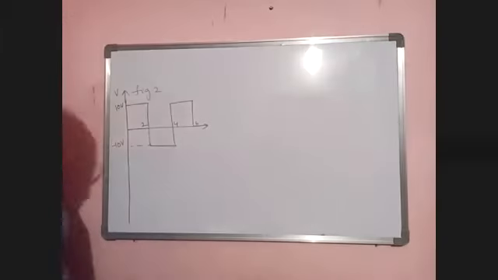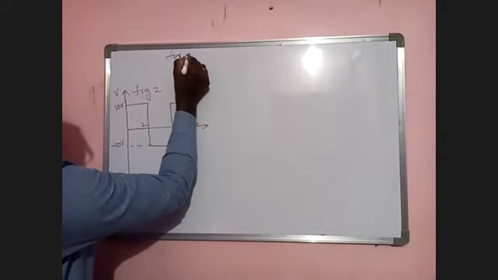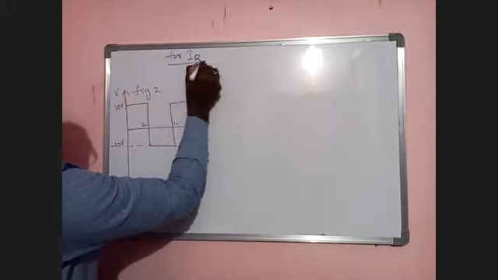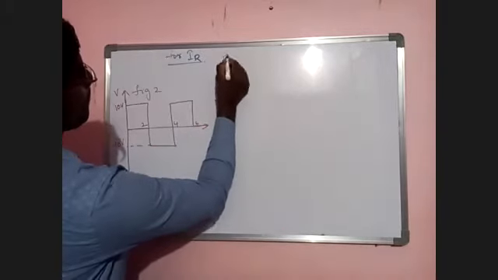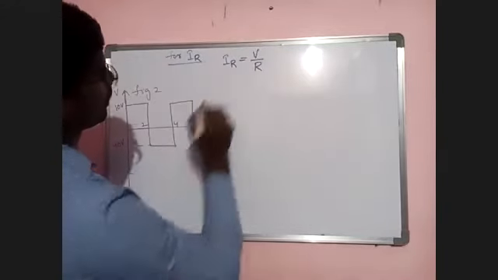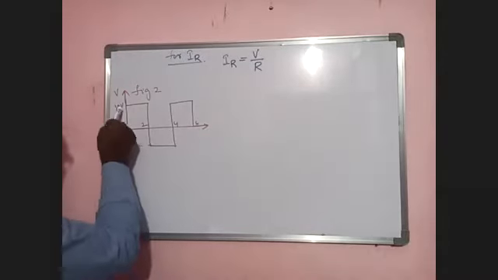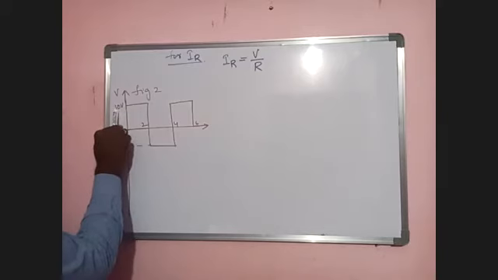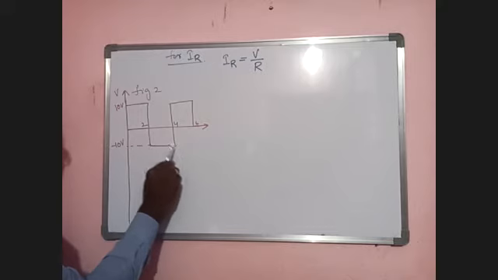For IR, we have a relation: IR is equal to V by R. What is V? V has positive 10 volts in the positive peak and minus 10 in the negative peak.